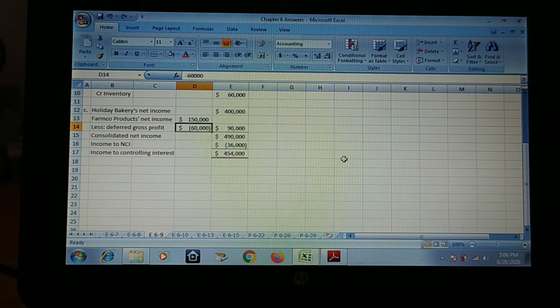If it is downstream, you don't need to subtract 60,000 because all of it is given to the parent company. But because this is upstream, you need to subtract the deferred gross profit. So 40% times 90,000 becomes 36,000. So income to controlling interest will be $454,000.